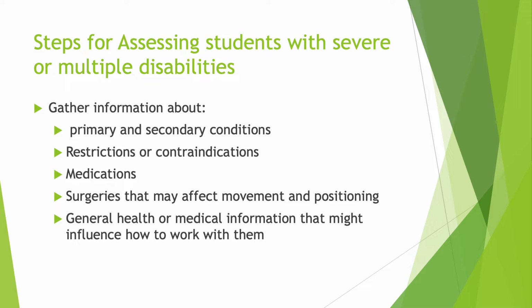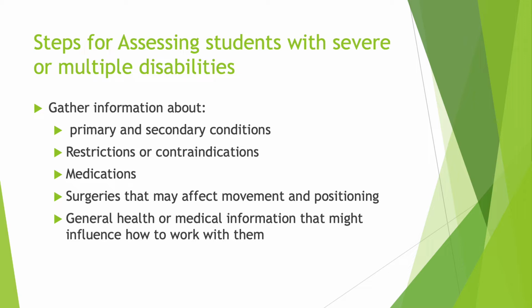Yes, they may be labeled as cerebral palsy, but do they also have a seizure condition, visual impairment, intellectual disability? We need to make sure we understand their restrictions or contraindications to any type of positioning or movements. What type of medications are they on? Have there been any surgeries that may affect their movement and positioning?